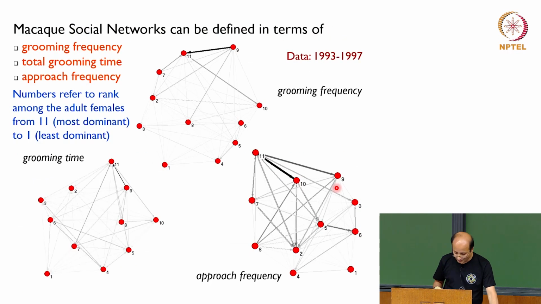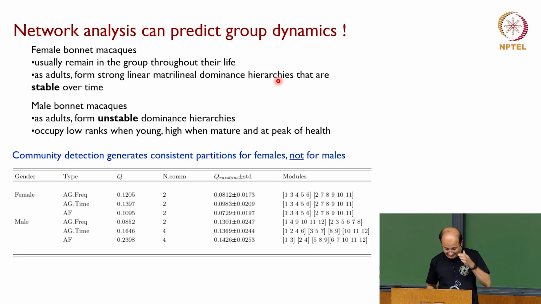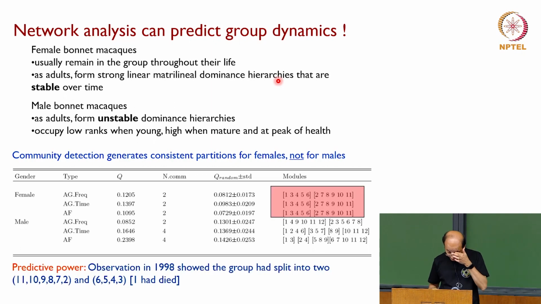When we went back and looked at it, we found that somehow node 1, even though it's the least dominant, is holding the rest of the network together. So we went back to Anindya, and he said, wow, this is really interesting, because I didn't share with you the data from 98. When they went back to 98 and looked at the group, it had actually split into 2 parts.